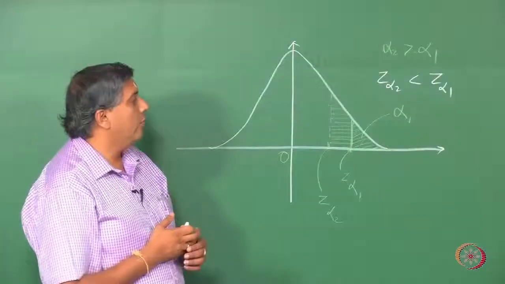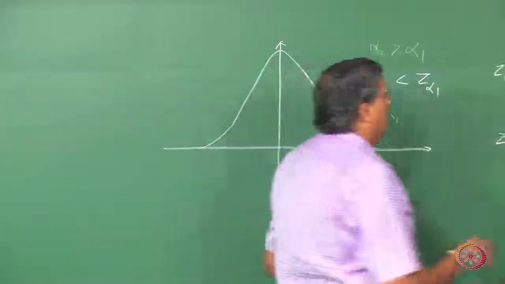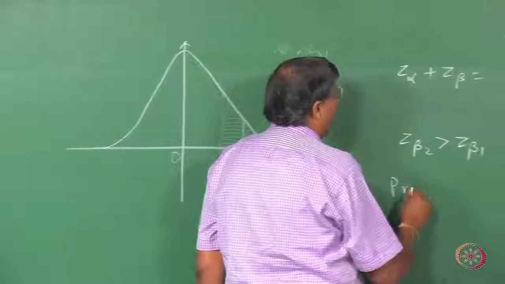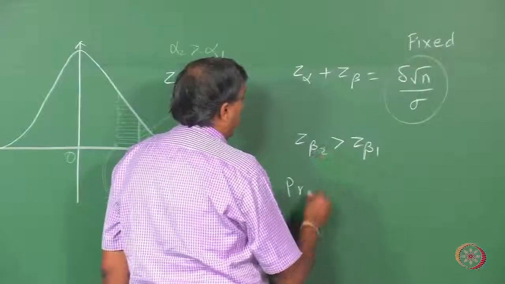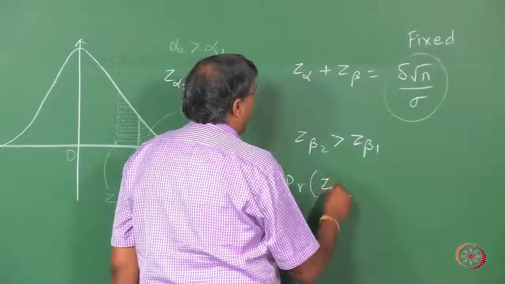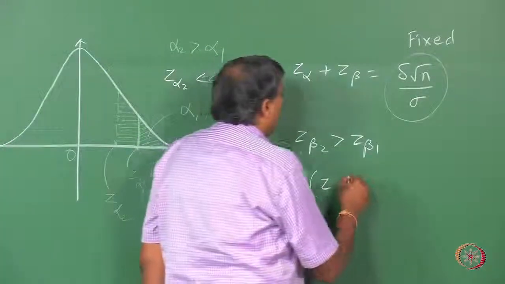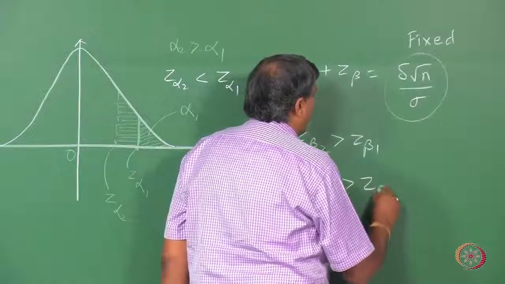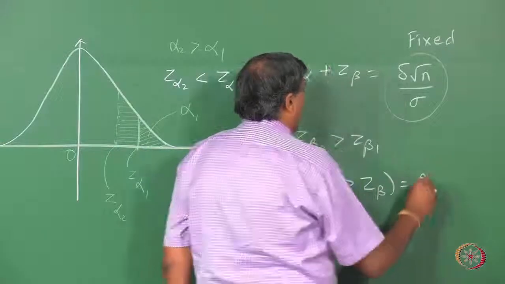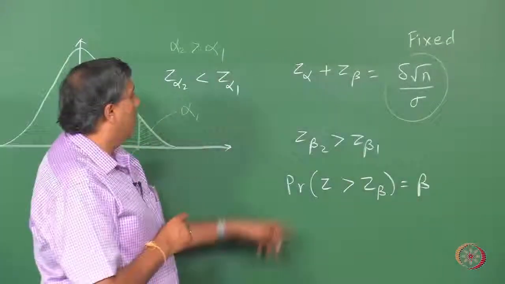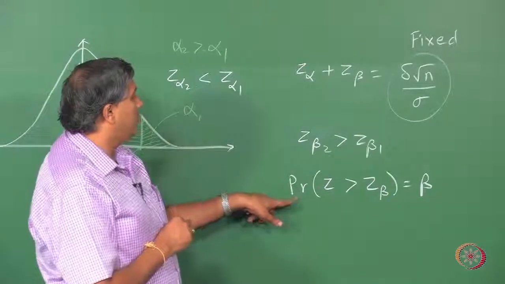Now, we know from definition that the way we define beta is the probability of a standard Gaussian random variable being greater than Z beta. Now, you can check when you are looking at these two probabilities.